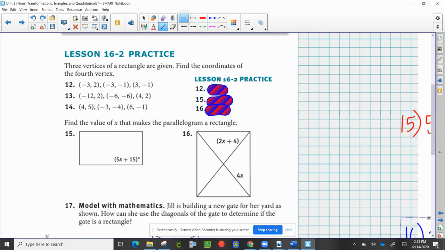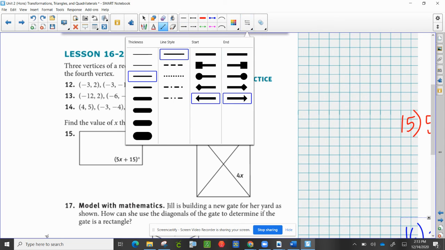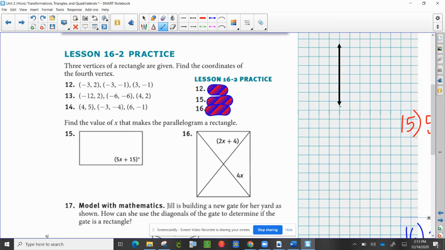So if we go ahead and put in some axes here, okay, and we plot those points. So let's see, we have (-3, 2), (-3, -1), (3, -1). This might be a little obvious here, but can you find the coordinate of the fourth vertex for me? Where would it be at?